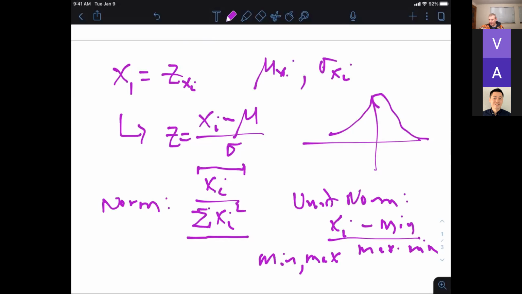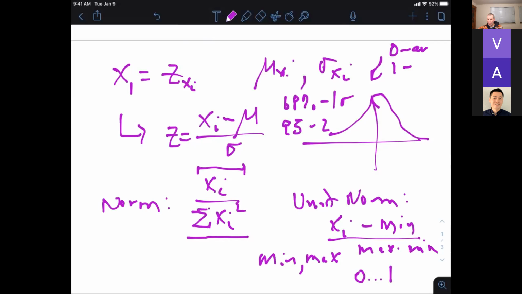Sorry for my horrible writing. What the unit norm does is translate everything to between 0 and 1. The z-score translates everything in terms of standard deviations away from the mean. So 0 means it's the average, 1 means it's one standard deviation, etc. If you remember that thing we looked at a long time ago, in a normal distribution, 68% is within one standard deviation, 95% is within 2, something like that.